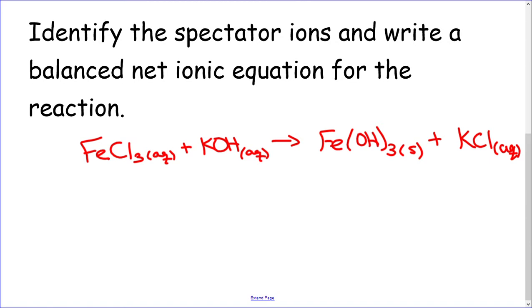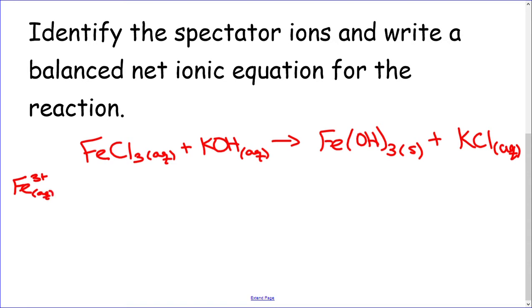So now I'm taking a look at this, and I'm going to try to break it apart into the ionic equation. So all the aqueous solutions are going to start to separate. So I know that iron has a 3+ charge when it breaks apart, so I've got my aqueous part there.